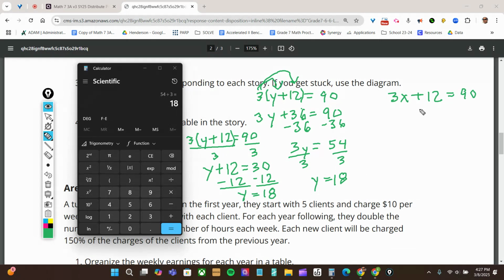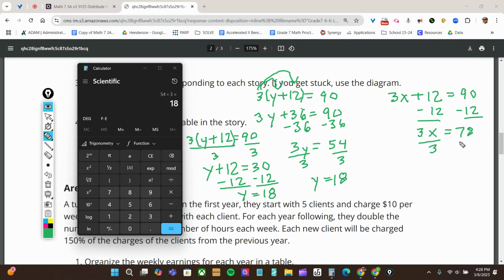All right, so then over here we're going to get minus 12. Boom, minus 12, boom. That's going to give us 3x equals 78.